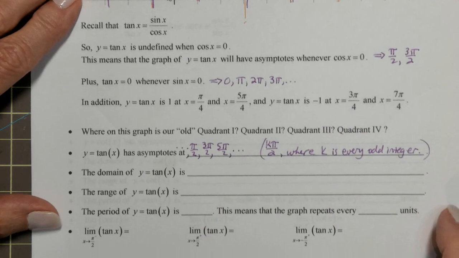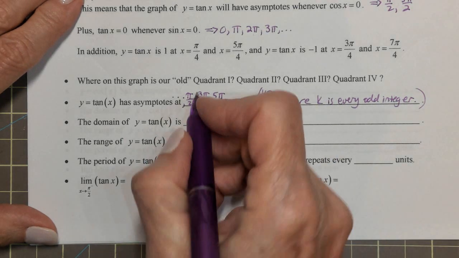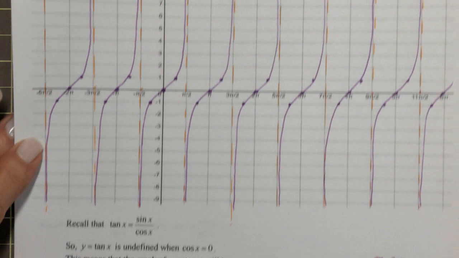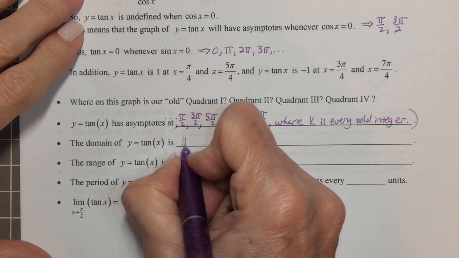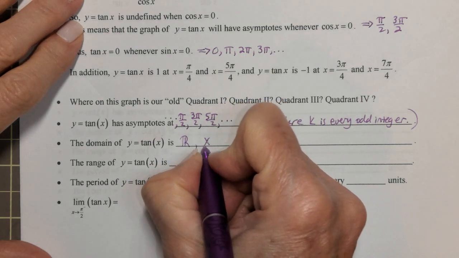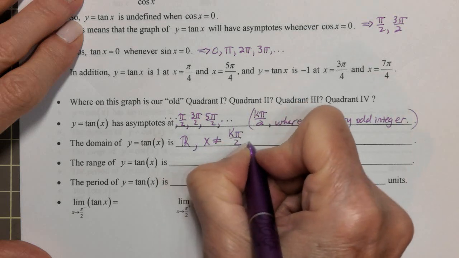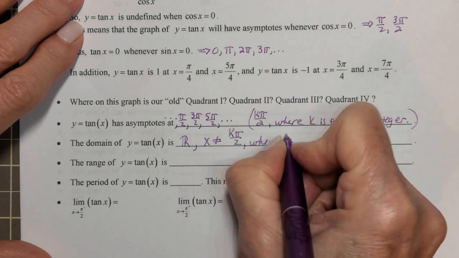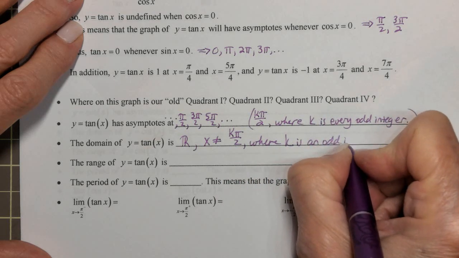Okay. The domain. What's the domain? We have to exclude all of those asymptotes. It's all real numbers except those asymptotes. So all real numbers where x is not equal to k pi over 2, where k is an odd integer.